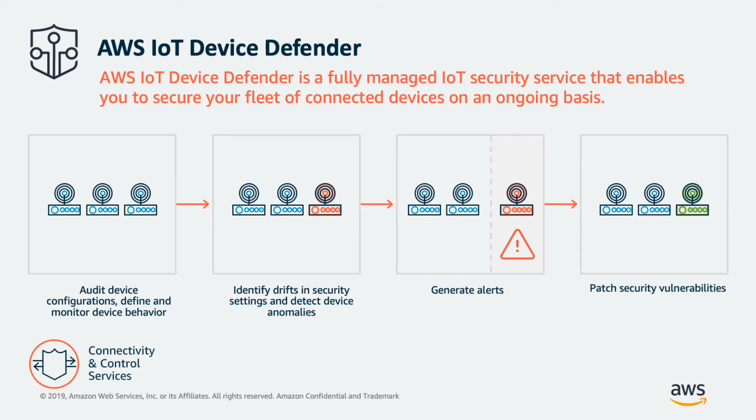It also monitors your device fleet for abnormal behavior that might indicate a potential security issue. And it alerts you if something doesn't look right, like traffic from devices to an unauthorized IP address or spikes in outbound traffic that might indicate that a device is participating in a DDoS attack. And finally, through its integration with IoT Device Management, IoT Device Defender lets you take corrective actions to keep your devices secure.